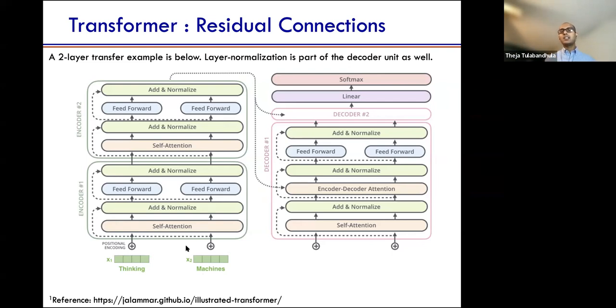That's because all the words are being processed at the same time, both in encoder and decoder, but especially in the encoder. It's very different from the RNN case where the first word is passed, the first hidden vector is produced, the second word is passed, the second hidden vector is produced. That is not going on here. RNN had a natural way of knowing what precedes what. Here, that information is not passed in, so you have to add positional information. But even if you don't, it'll still work.